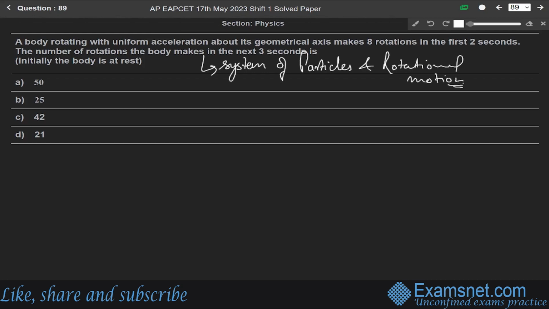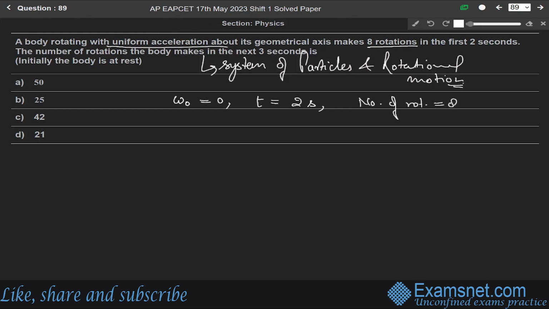According to the question, in the first 2 seconds it is making 8 rotations, and it has uniform acceleration, so omega naught will be equal to 0 and t equals 2 seconds. For t equals 2 seconds, the number of rotations is given as 8.